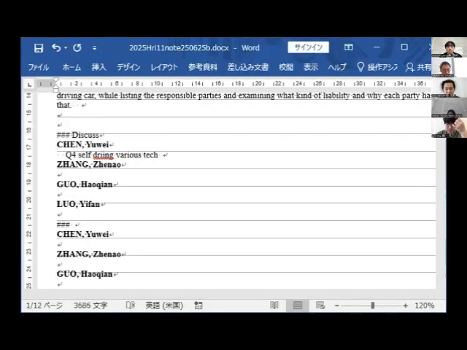The fusion of sensors and AI algorithms. Yes, sensing technology is one important point, and decision making is also one important technology. I understand, thank you.